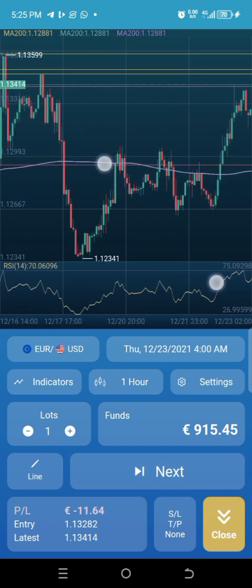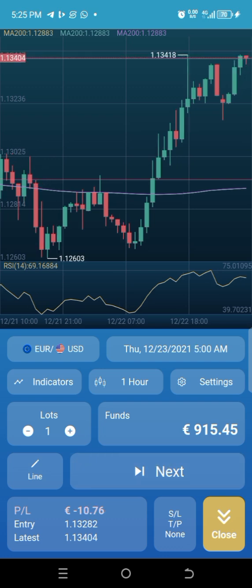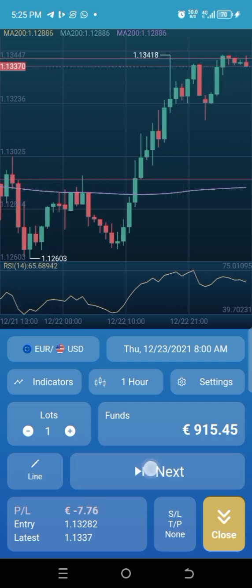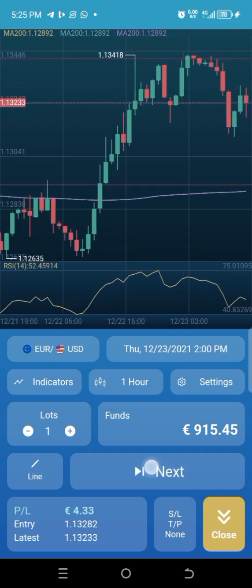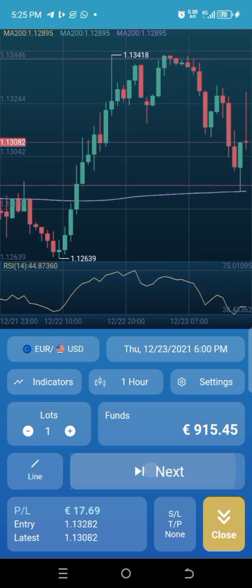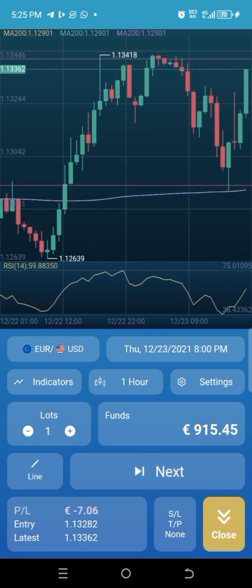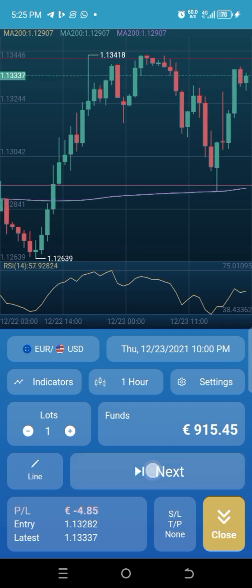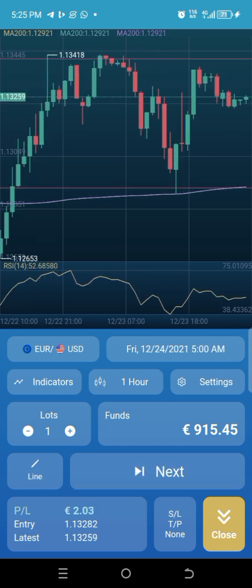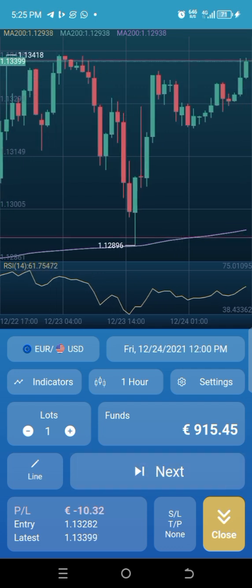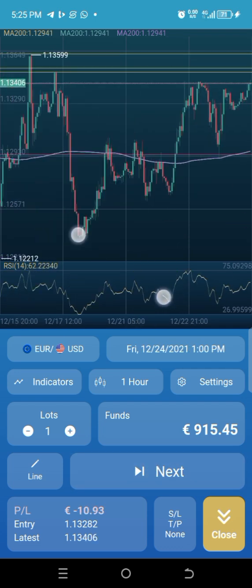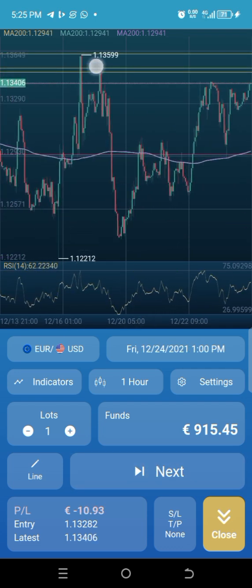Let's wait for it to do what it does. Okay, I think we're going to get out sooner or later. Remember, our stop loss is just here, just above this line here.